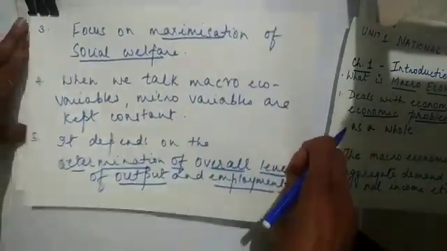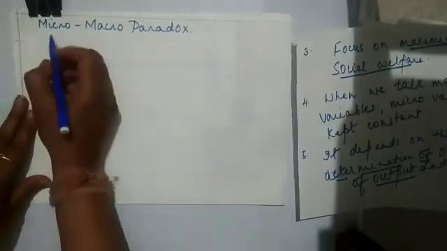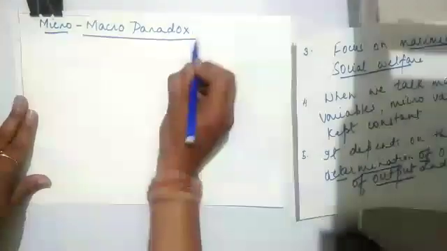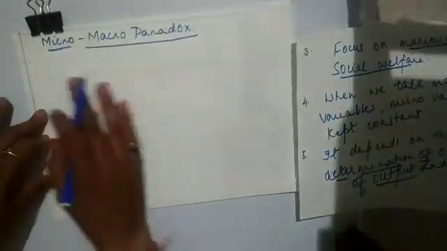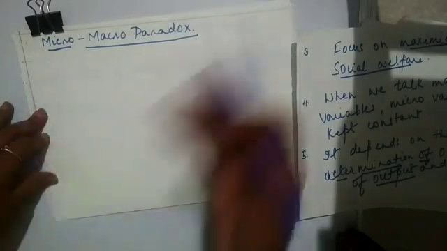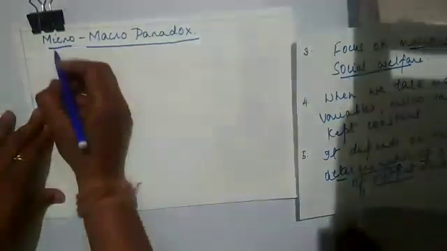Okay, children. Next is the next topic which we'll cover, micro and macro paradox. What do you mean by micro and macro paradox? It means what is logical in microeconomics is not logical in macroeconomics.